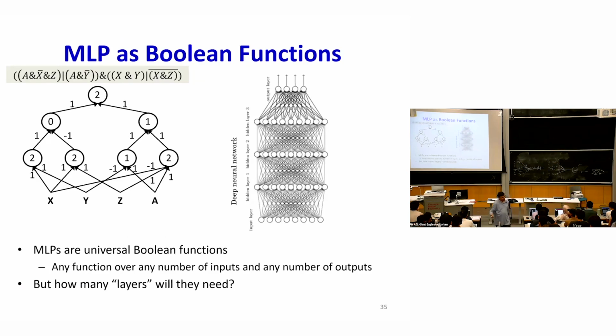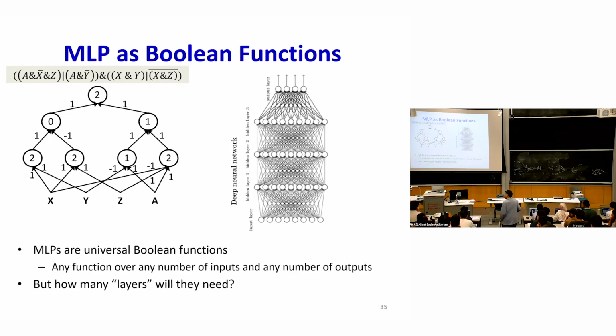Anybody want to guess? Yes. So the K is the depth. Do you think it's exponentially sized? What if I told you that regardless of the Boolean function, I can compute it using only one hidden layer? Would you believe me? There's no restrictions on width.